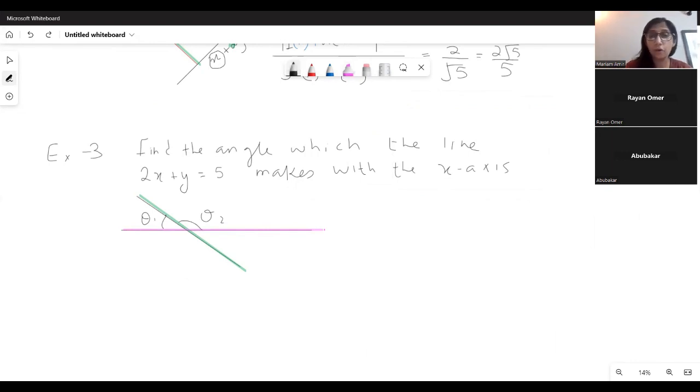For that, you need the formula tan theta equals modulus of m1 minus m2 in the numerator, so you need the slopes of both the lines, over 1 plus m1 m2.